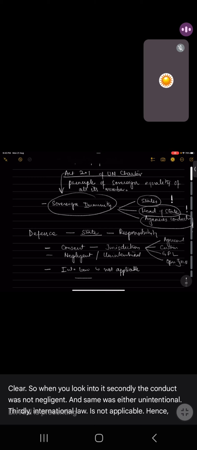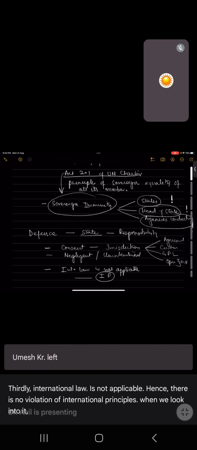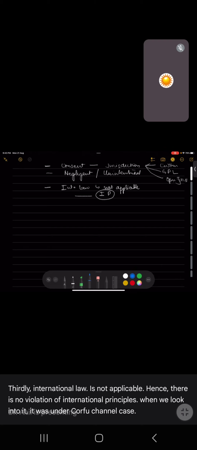Hence, there is no violation of international principles. When we look into it, it was under the Corfu Channel case. In the Corfu Channel case, diplomatic and consular case, we call it as well.